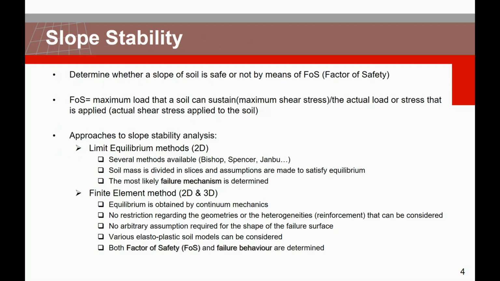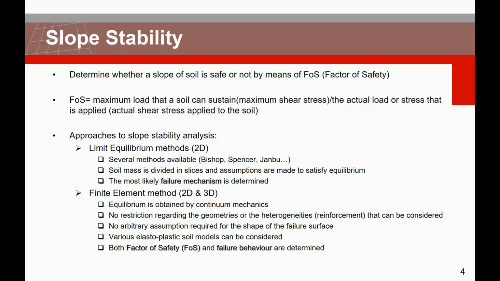Now let's talk about slope stability analysis. The purpose of slope stability analysis is to determine whether a slope of soil is safe or not by means of a factor of safety. What is the factor of safety?